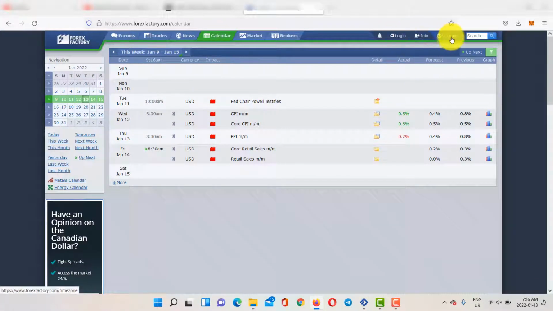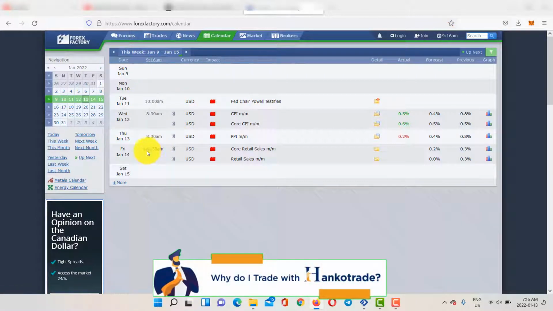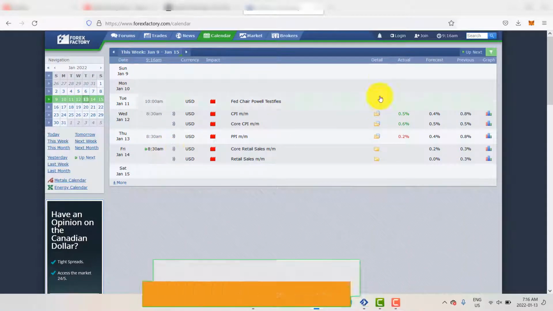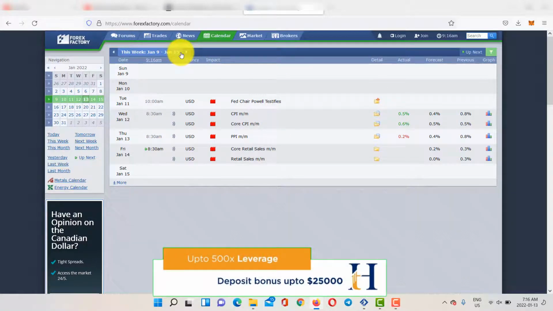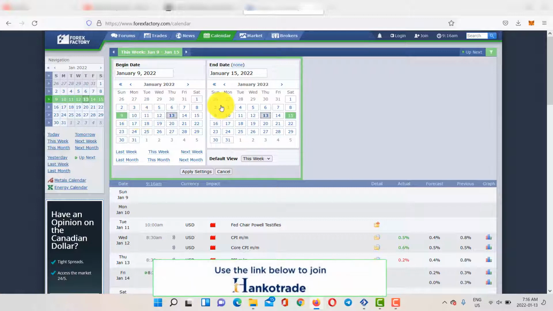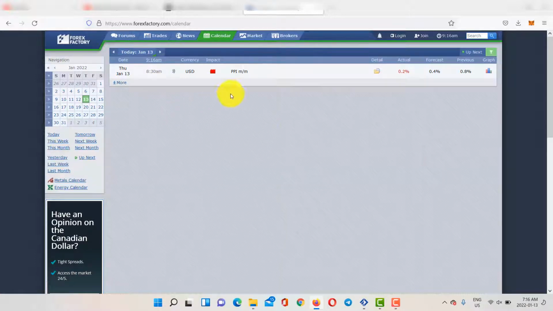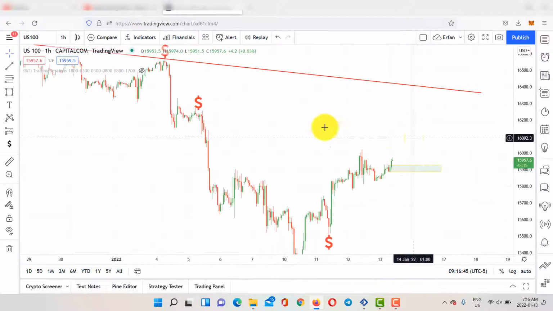So it's 9:16 and we have, okay, so 8:30. Let's see, I just want to go for today, which is 13th January. Apply settings. Yeah, apparently all the news is over. We don't have anything today, so it's kind of safe to trade. We don't have to worry about that.